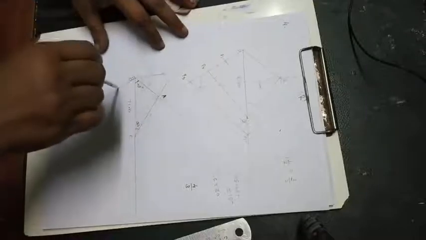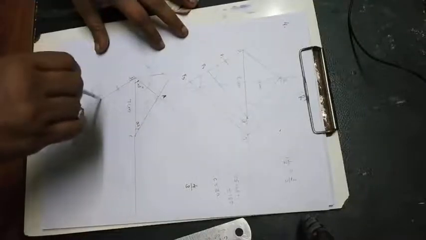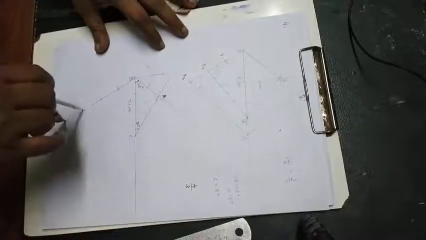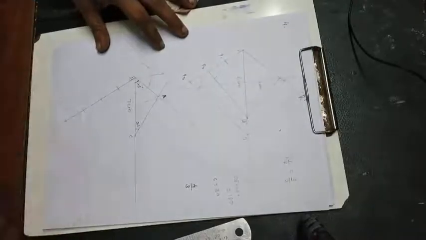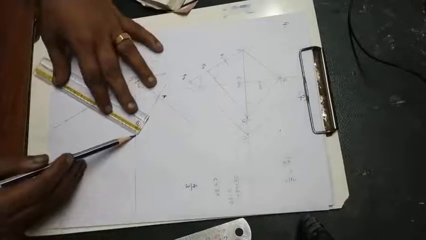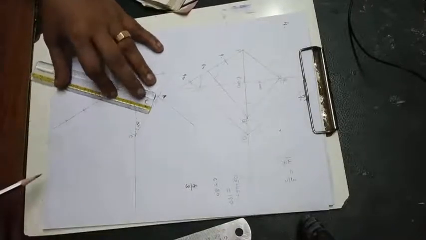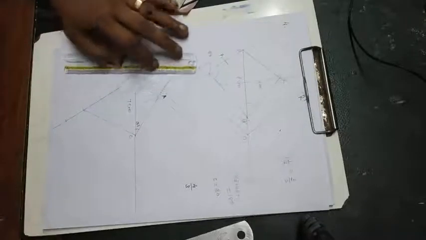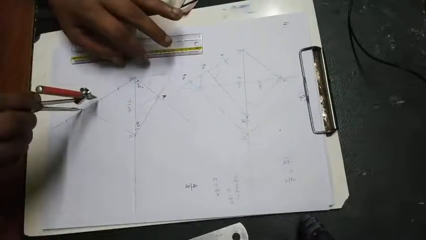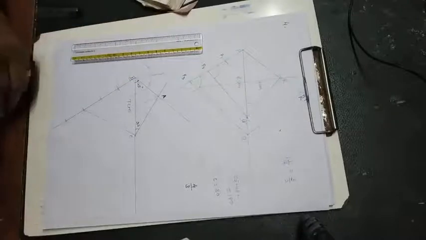1, 2, 3 and 4. Now join that third part to C. Then construct the same angle here.